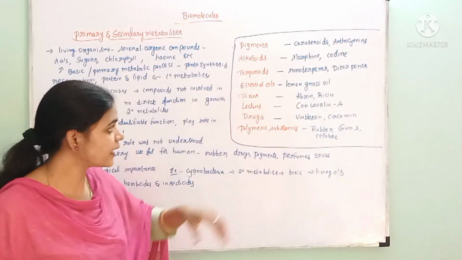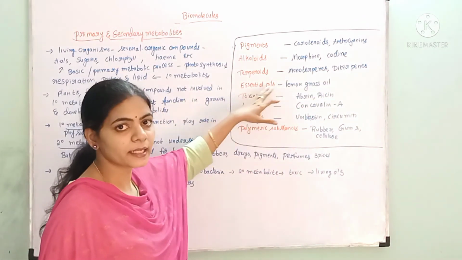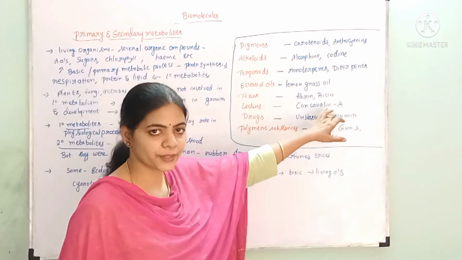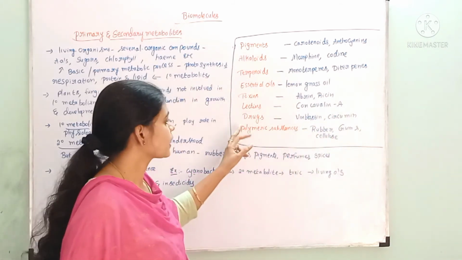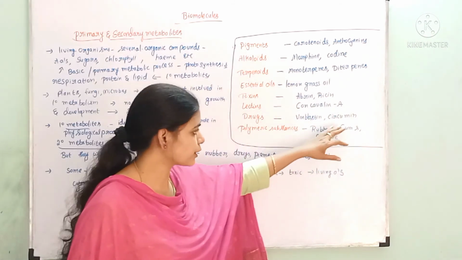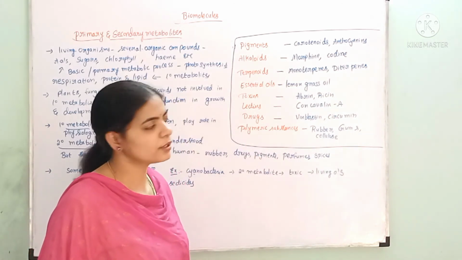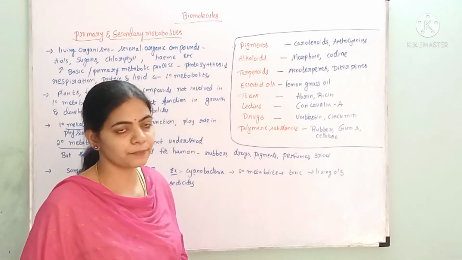Terpenoids like monoterpenes and diterpenes, essential oils like lemongrass oil, toxins like heparin and resin, and lectins like concanavalin A, drugs like vinblastine and curcumin, polymeric substances like rubber, gums, cellulose, etc. are some of the secondary metabolites and their examples.